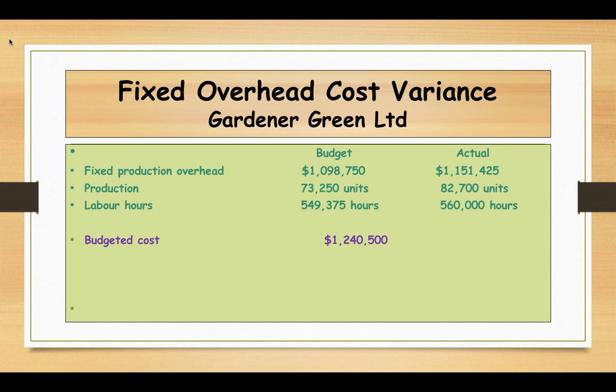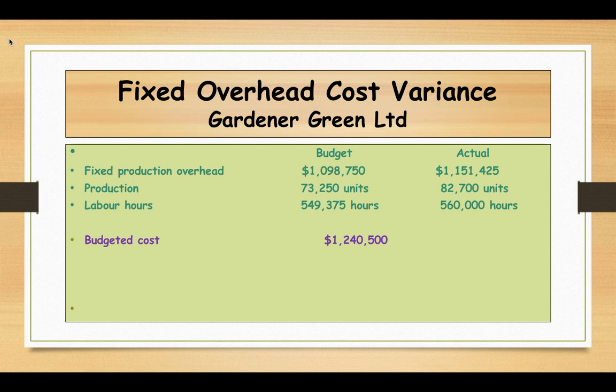So that is 1,098,750 divided by the budgeted production, which is 73,250. So we will get the budgeted fixed production overhead cost per unit is $15.